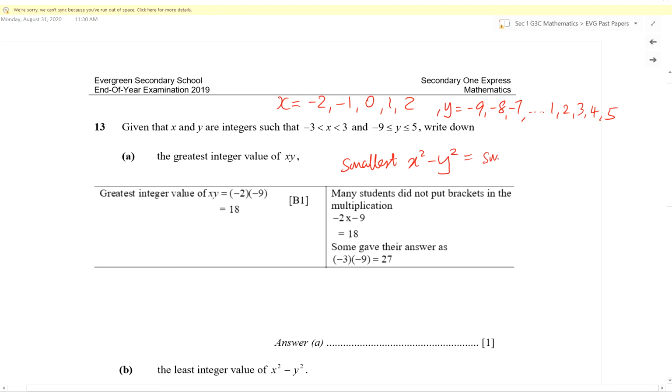Okay, so try and follow the logic. For this to be the smallest, this x value has to be as small as possible. Do you agree? Then for the answer to be the smallest, I want y squared to be as blank as possible. What do you think it is?